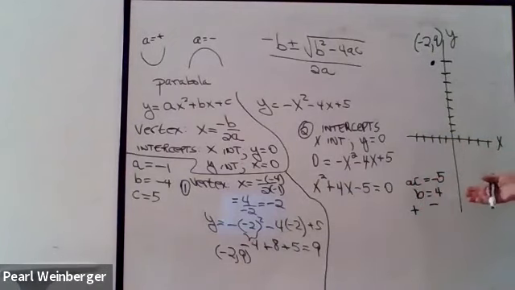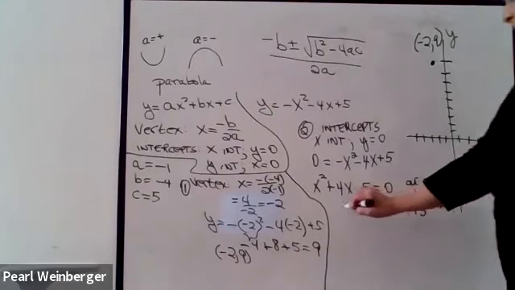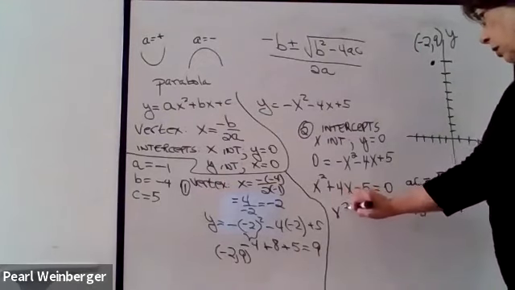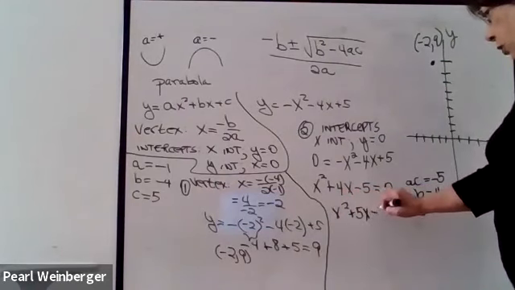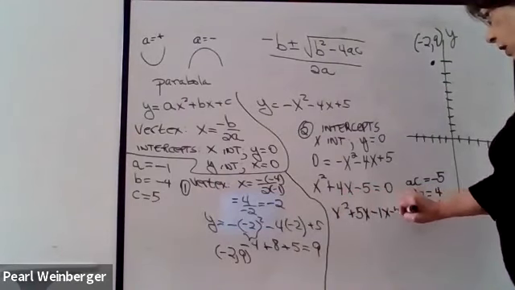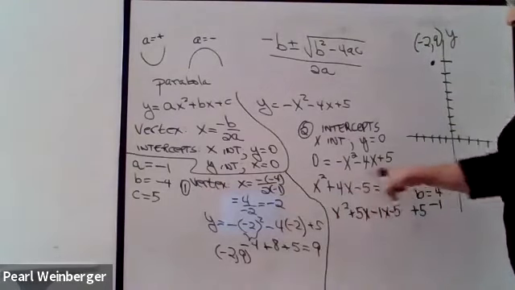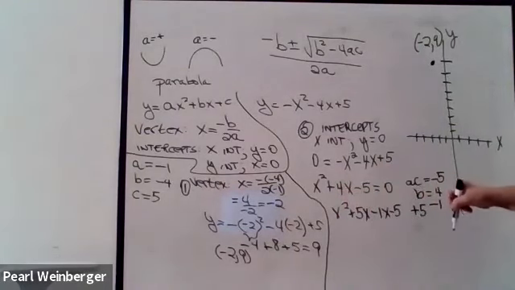Well, the numbers that multiply to 5 are 5 and 1. And obviously, we're going to pick the larger number to be positive because the B is positive. So it's going to be a positive 5 and a negative 1. So this gives me x squared plus 5x minus 1x minus 5.